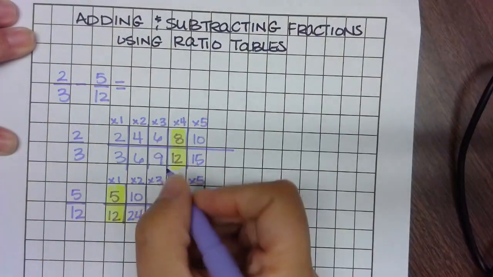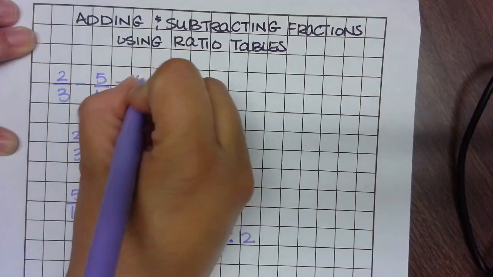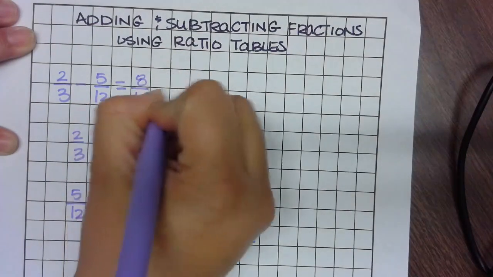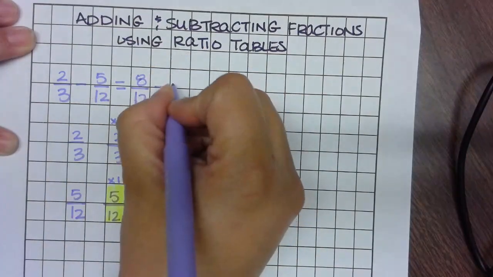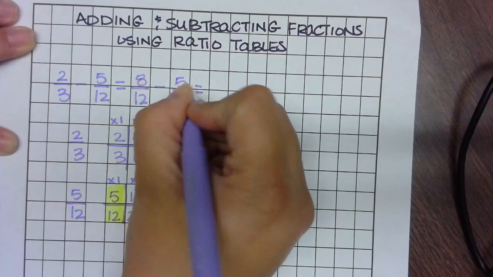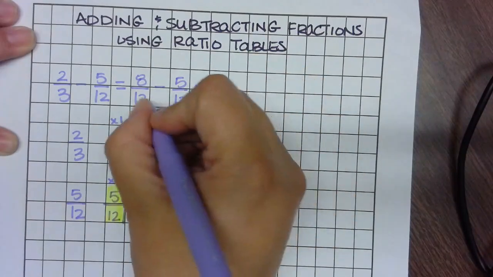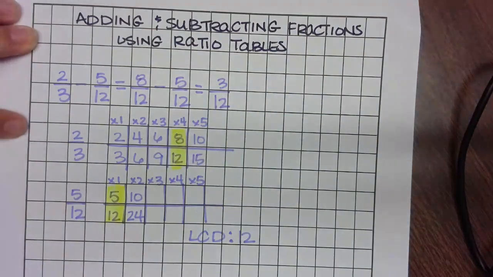So 2/3, we're going to use the equivalent fraction of 8/12, and then we're subtracting 5/12. That one didn't change. So then you get 8 take away 5, that's 3, and your denominator stays the same, 12. 3 out of 12.